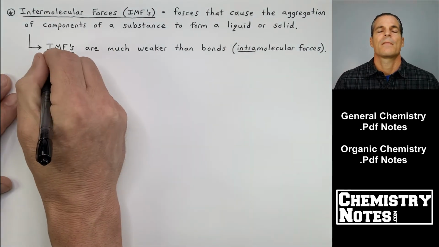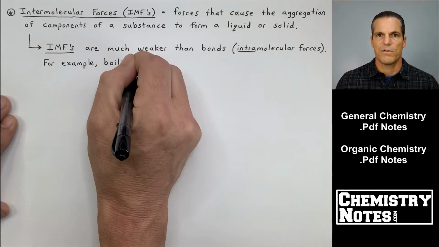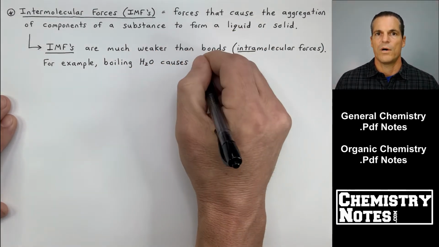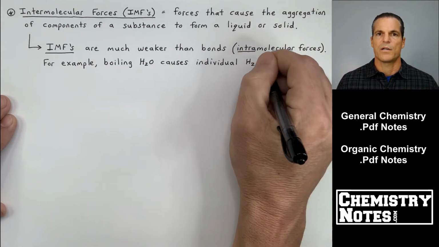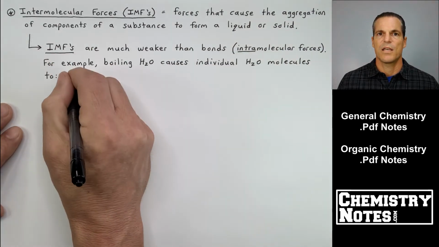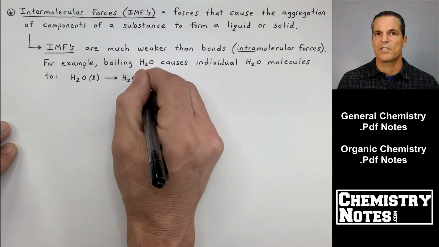For example, think about when you have water on a stove. If you're going to boil water on a stove, you start with liquid water, H2O liquid. And when you're done with the process, you still have water. You still have H2O. It's just in gaseous form.